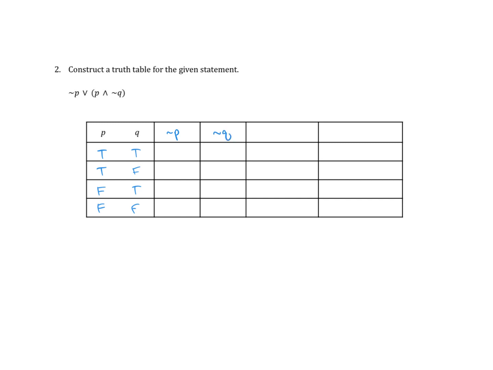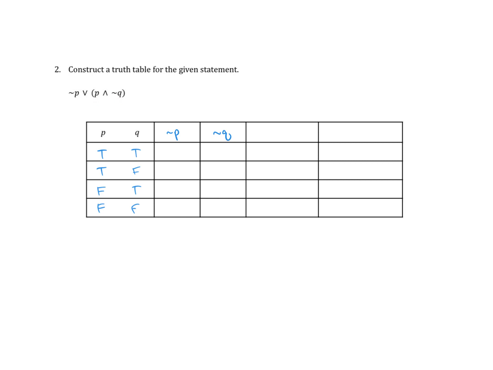And then parts inside parentheses. We're starting with the small parts and building up to the final statement. The last column of the truth table is going to be the whole statement. But inside parentheses, P and not Q are joined right here.